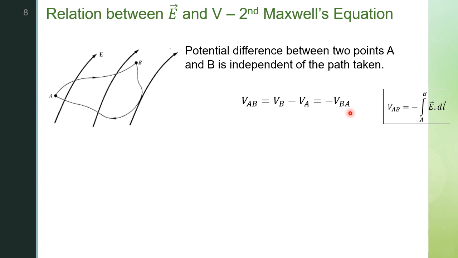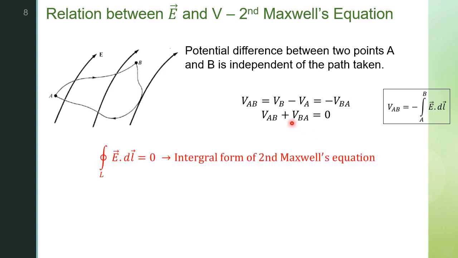Now, if you bring this term to the left hand side, you get VAB plus VBA equal to 0. Already we know that the potential is the integral from A to B of E dot dl, and this is the integral from B to A of E dot dl. If we substitute these values into the equation, it reduces to the closed integral over L of E dot dl, equal to 0.